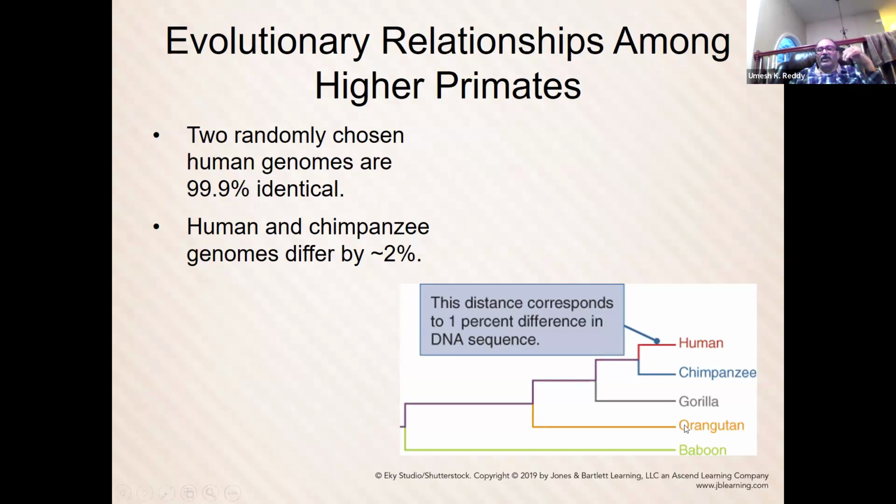Similarly, the gorilla is the next ancestor. At some point here, the gorilla diverged into this cluster called the human and chimpanzee cluster. And then who is the ancestor for the gorilla? Orangutan. Now, orangutan is genetically quite distant.